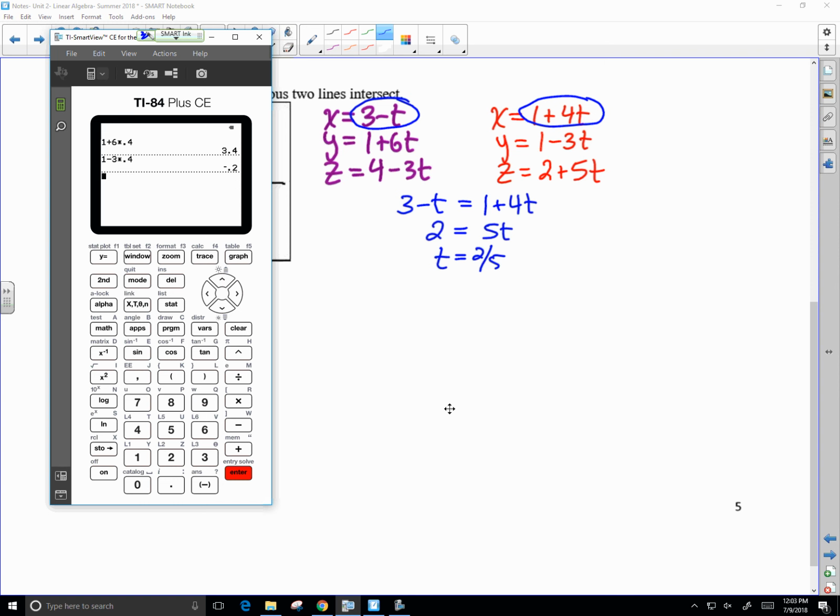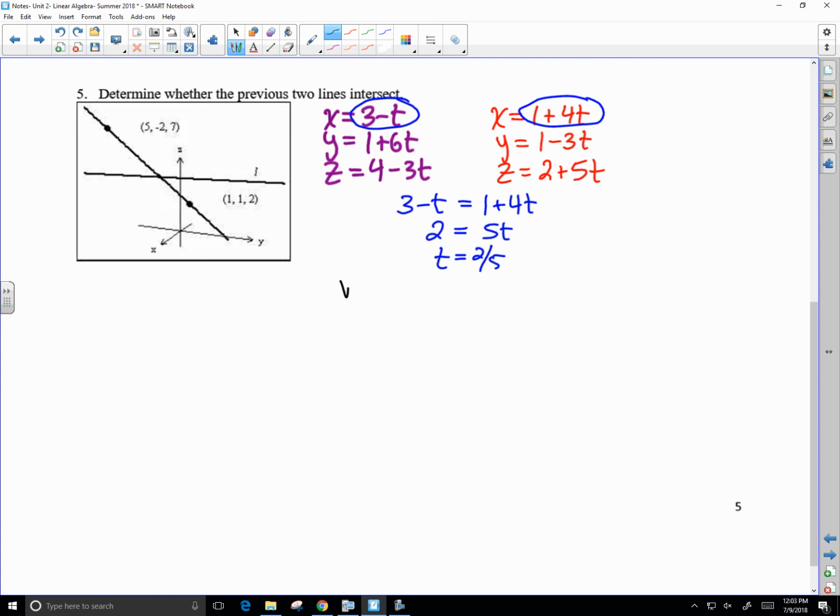So the value of t that makes x values equal leads to y values being unequal.